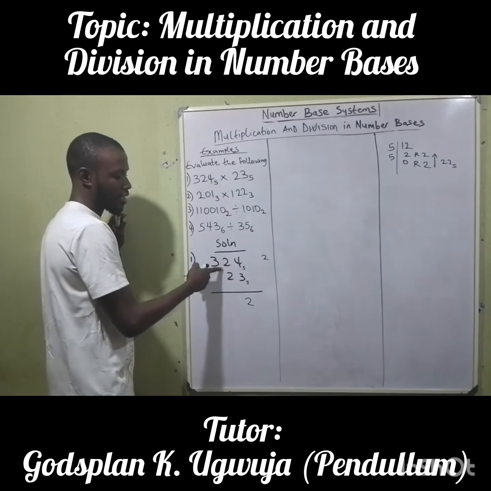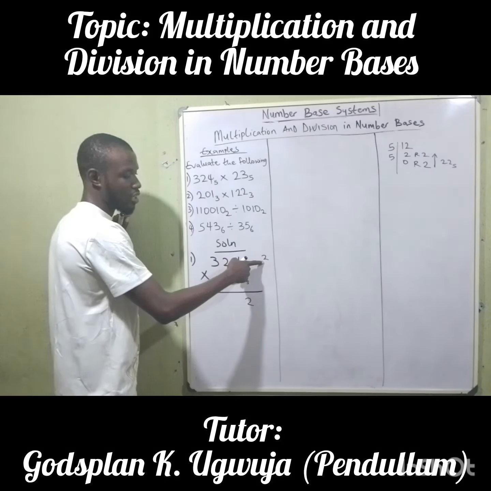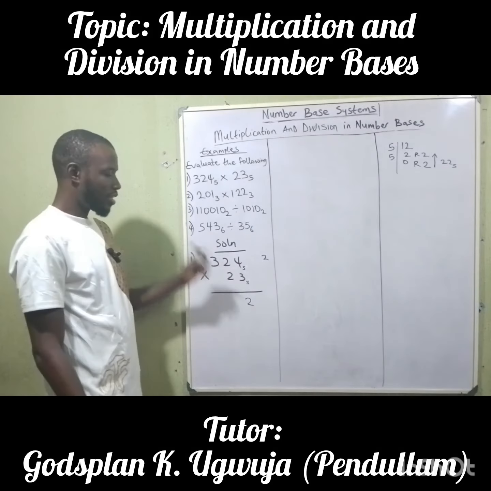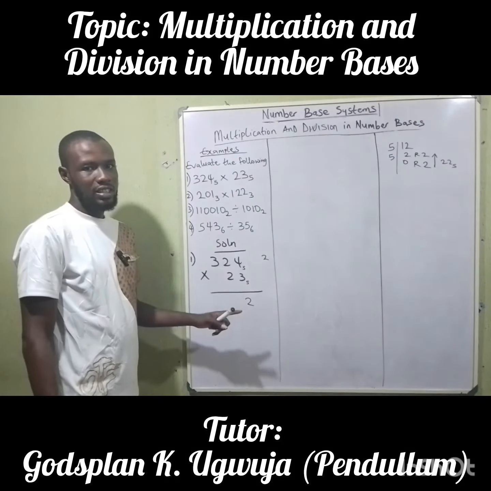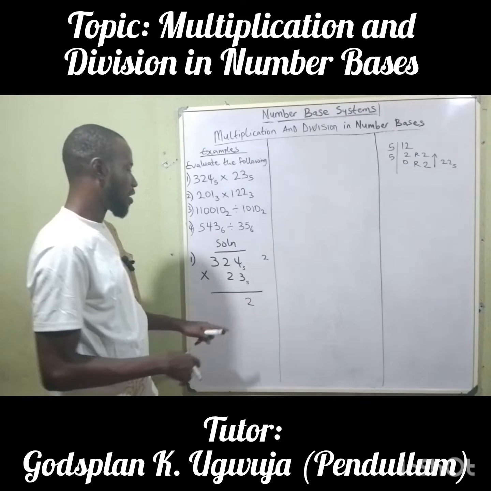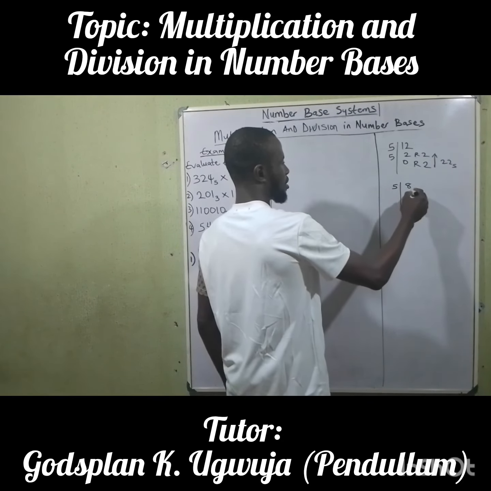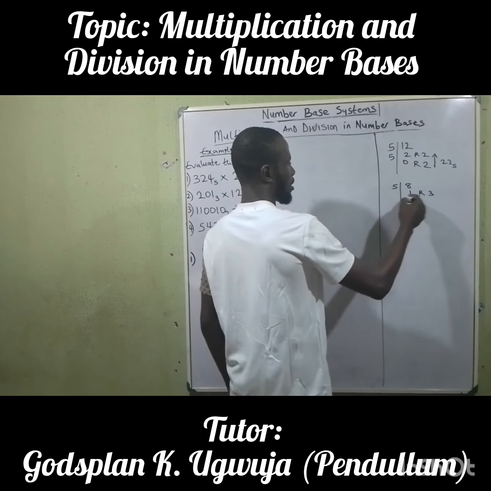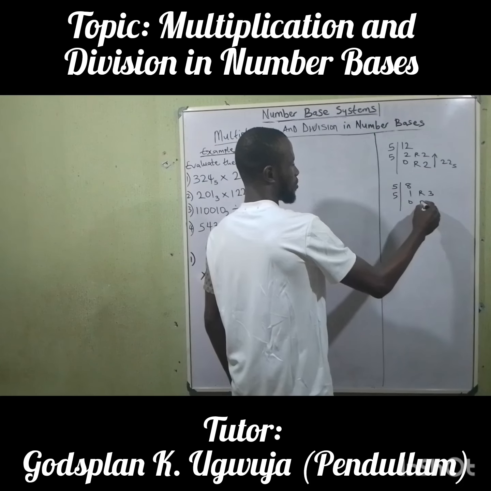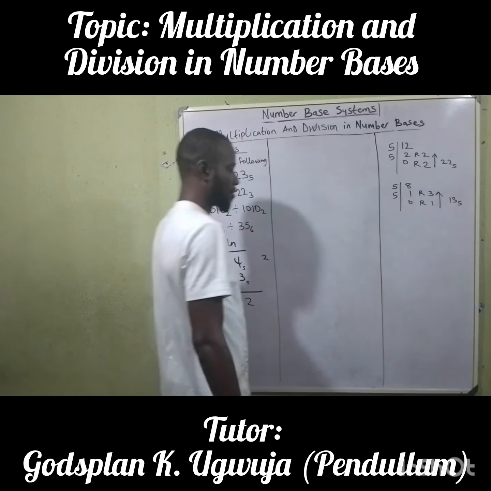Again, 2 times 3 is 6 plus this 2 that we carried, 8. But 8 is greater than 4, so it's not a base 5 number. We have to convert it to base 5. The same way we convert, we divide 8 by 5. This is 1 remainder 3 and 0 remainder 1. So that's 13 in base 5.